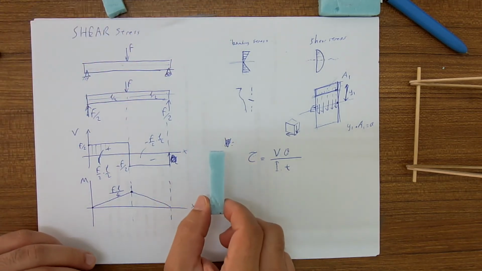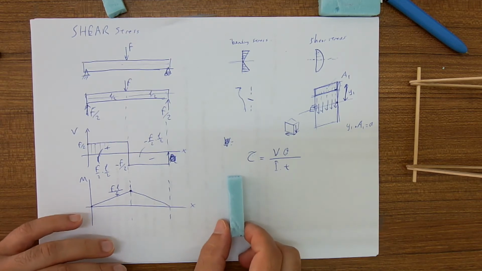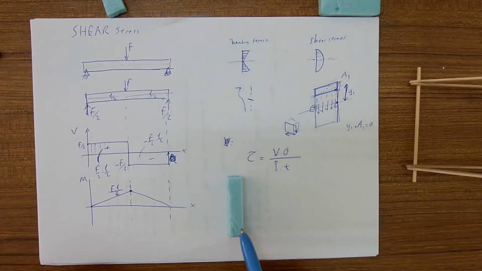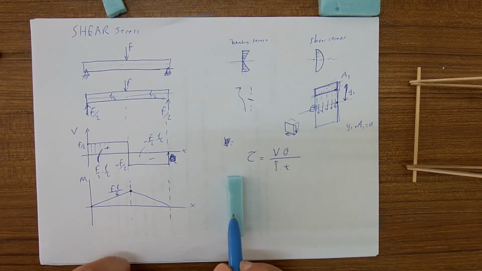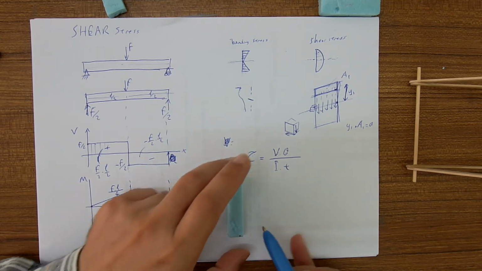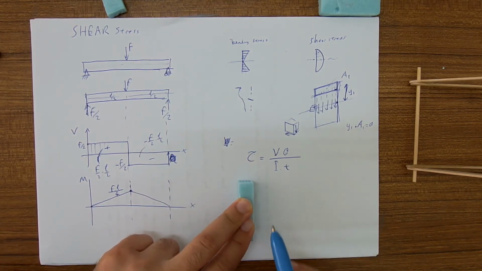This is the section we cut. Assume that this is the section we cut. And if we want to draw a free body diagram of this little segment, how will we show the loadings?